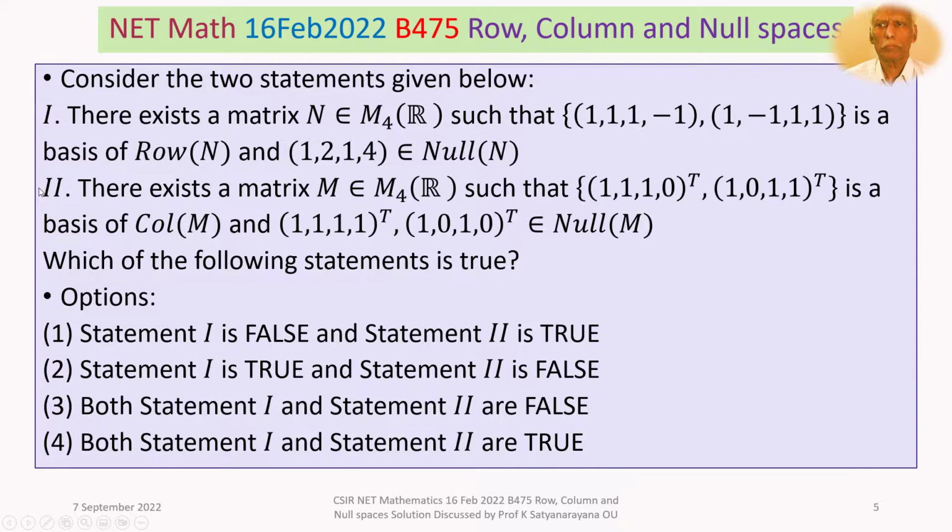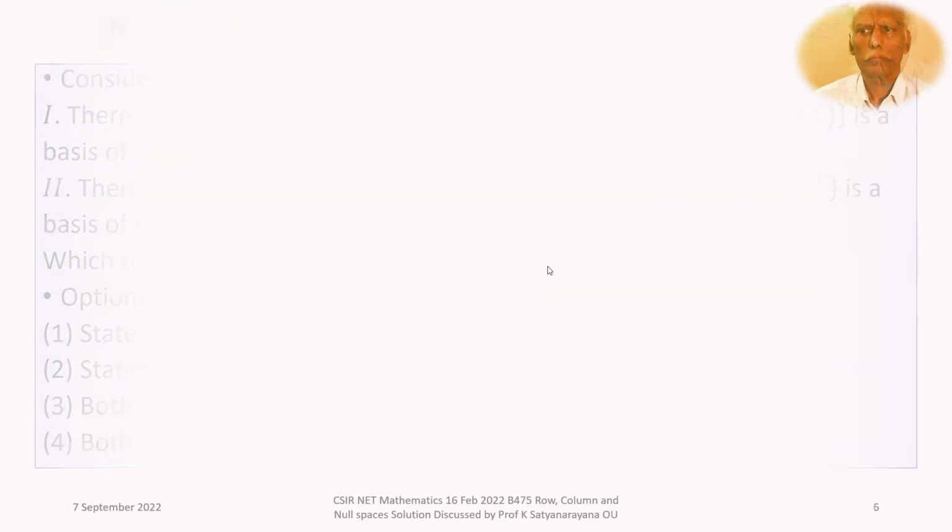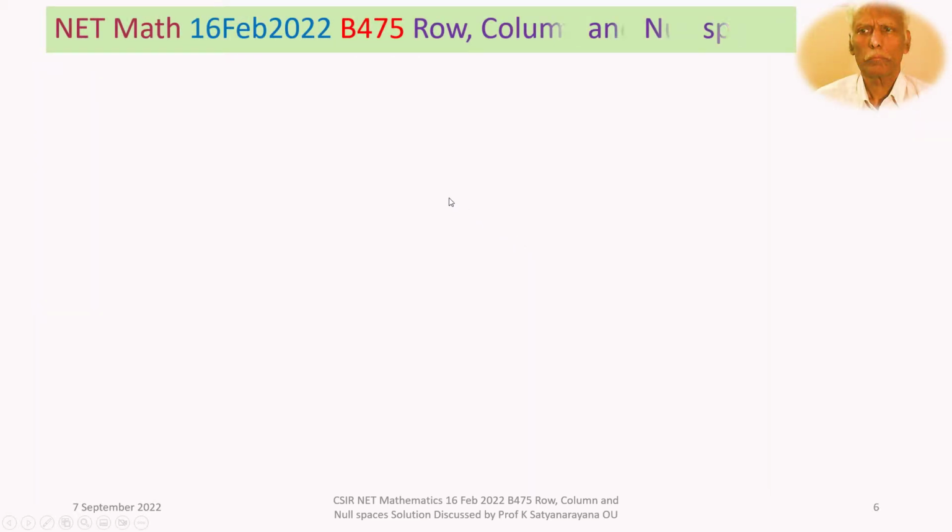And statement 2 says, do we have a matrix M belongs to M4 over R such that these two column vectors is a basis of the column space of M, and these two column vectors belong to the null space of M? Do we have such a matrix M? We shall now discuss the solution of this problem in detail.